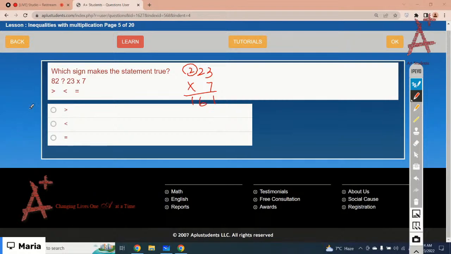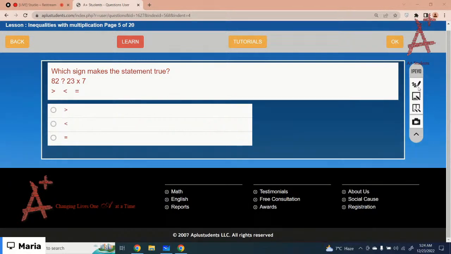So it is 161. You have to compare 82 and 161. So 82 is greater than 161 or less than 161? Yes, less than. 82 is less than 161. Got it? So the correct option is less than. Just select the correct option and click on the OK button. Got it?